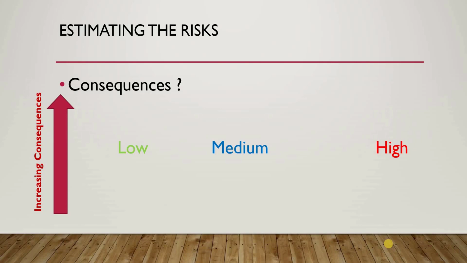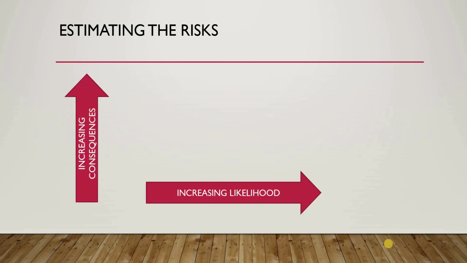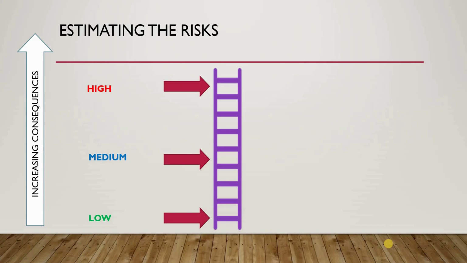If he is working in the middle and falls down, in that case the consequences may be medium. And if he is working very low on the ladder, then in that case the consequences may be very low. So it's a kind of increasing consequences or outcome. Now, estimating risk takes two things: increasing likelihood and increasing consequences.